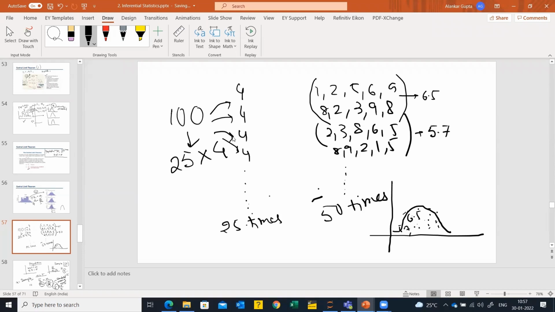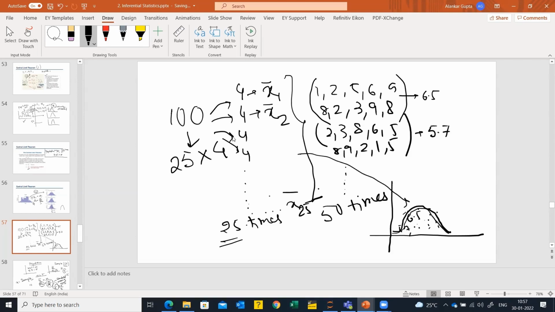I hope this is clear using Python. And every time you are calculating the mean, which is X bar. So X1 bar, X2 bar, and so on. The last one will be X25 bar. Now, this mean, you are trying to plot it over a graph. And this mean will basically give you a normal distribution.